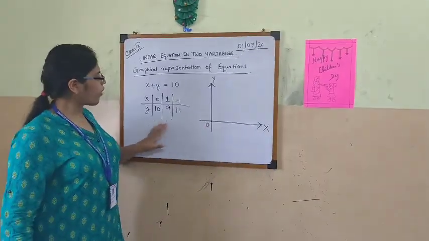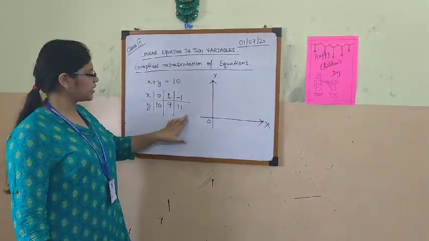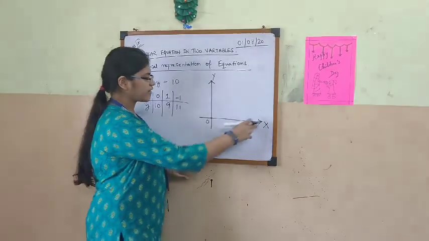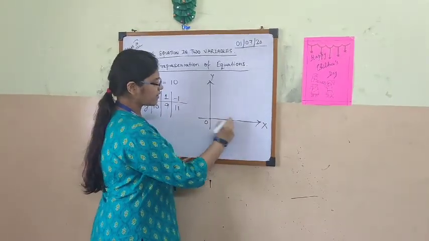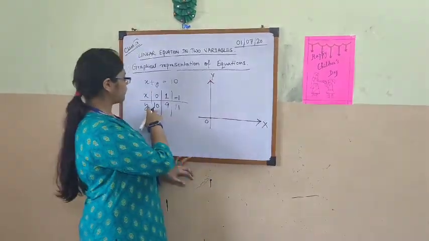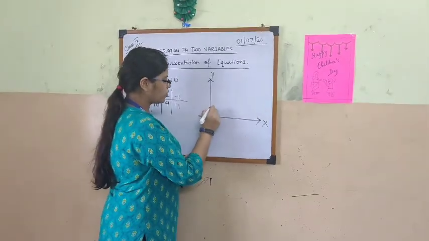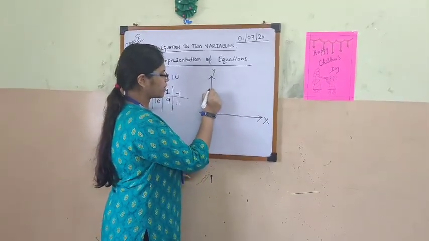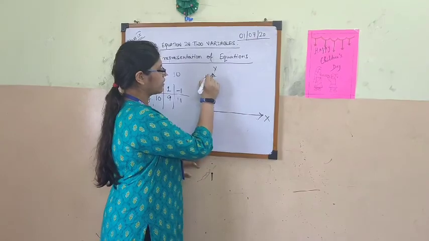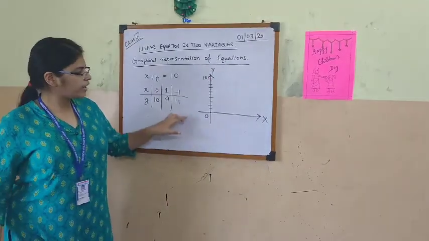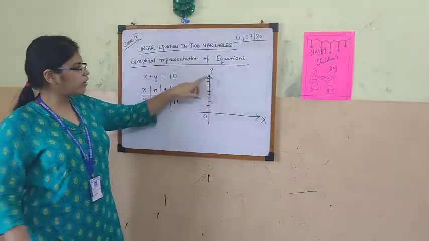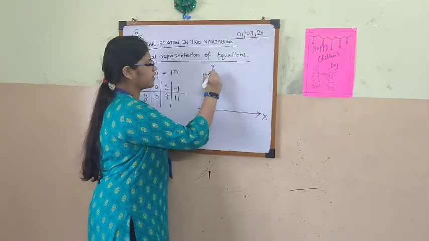If I want to plot this equation, at first I have to take x as 0. So x is 0 means y will be 10. So 1, 2, 3, 4, 5, 6, 7, 8, 9, 10. So y is 10, which means we get the point (0, 10). That is here.